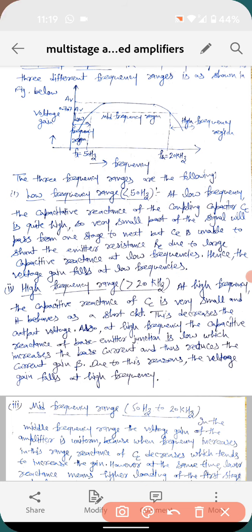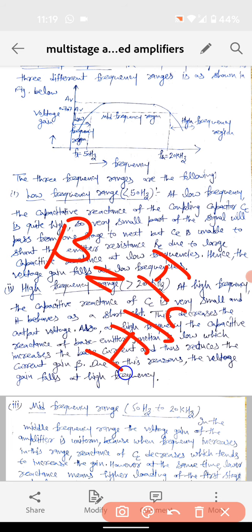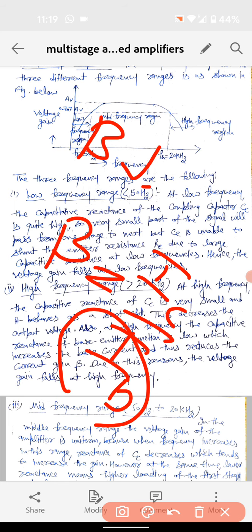If the base current increases, then IC by IB decreases, so beta gets decreased. So current gain decreases, and voltage gain, if you remember, depends on the current gain. It is beta times the resistance gain, so the overall voltage gain will also decrease in the high frequency range as well.